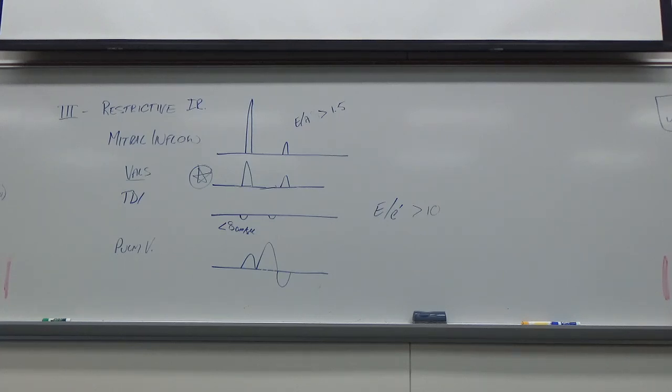I guarantee you that this chart will be on the test, and again, I'll put them in columns. So it'll be a full grade 1 profile versus a full grade 2, grade 3, grade 4, or other names: impaired, pseudonormal, restrictive reversible, restrictive irreversible. Okay? And that's essentially what we're going to do.